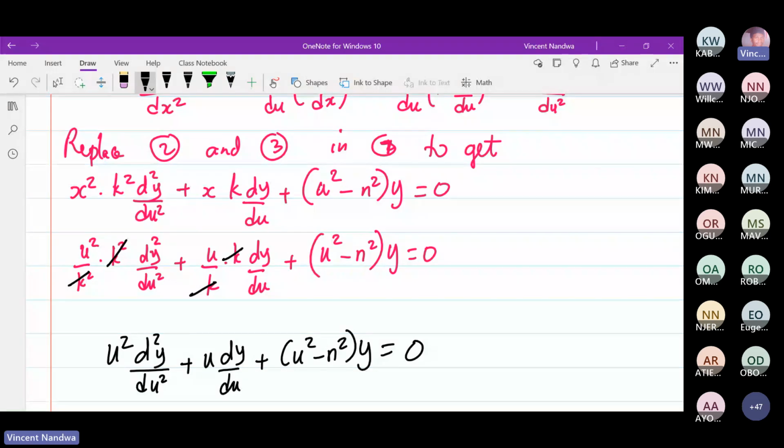Is that now a Bessel differential equation? Yes.